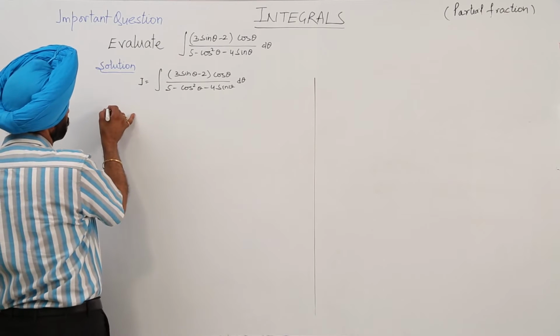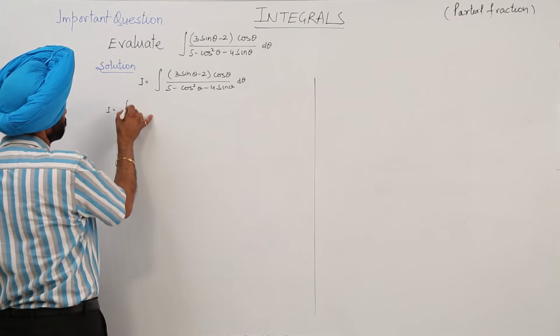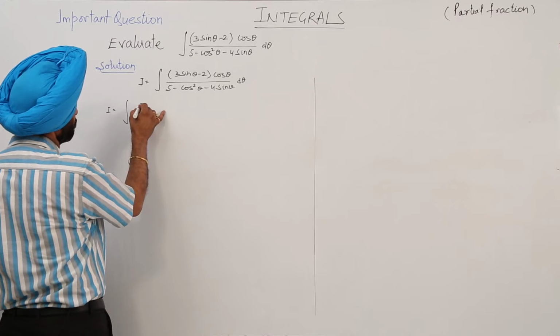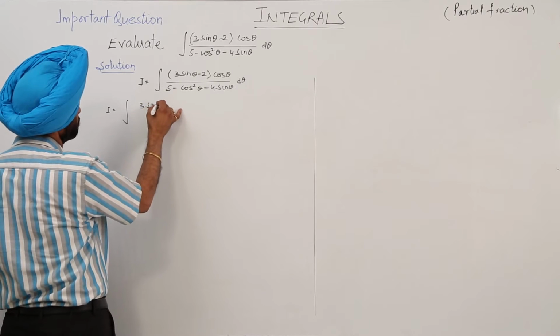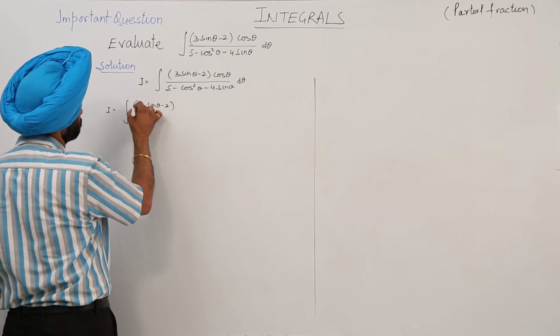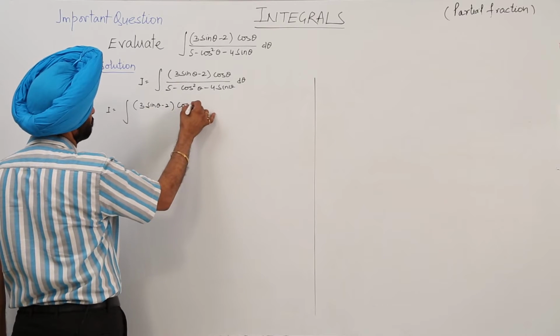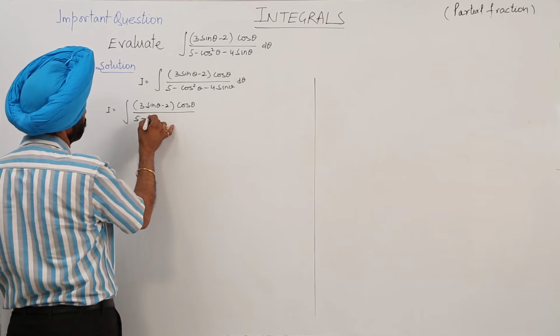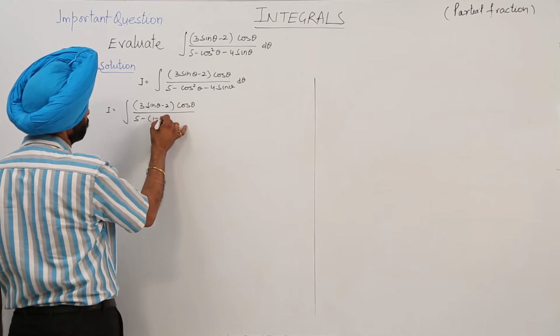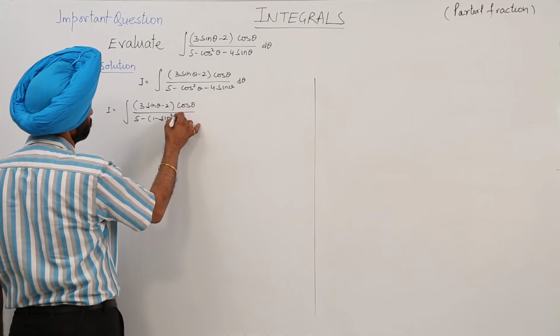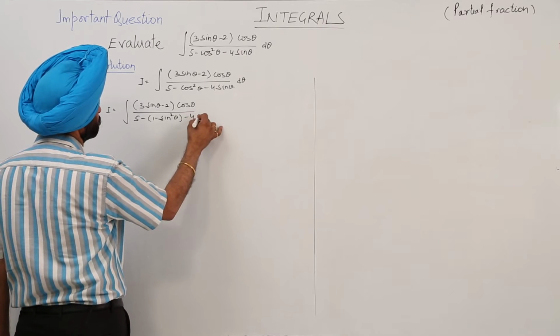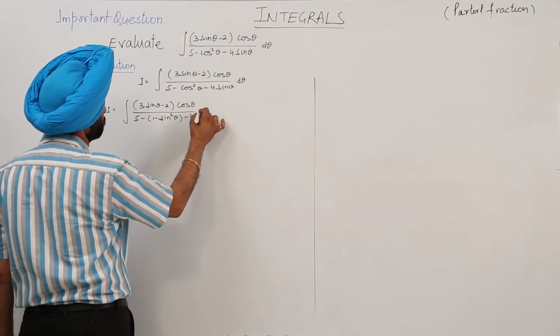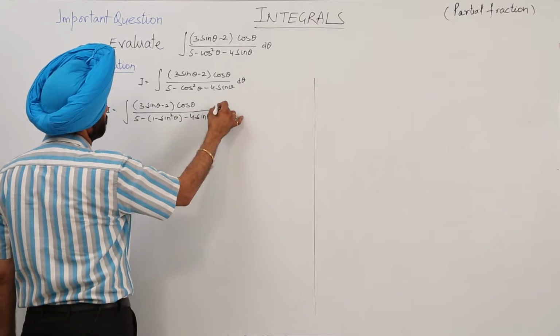Now, what can we do? First of all, let's write 3 sin theta minus 2 cos theta upon 5 minus (1 minus sin square theta) minus 4 sin theta d theta.